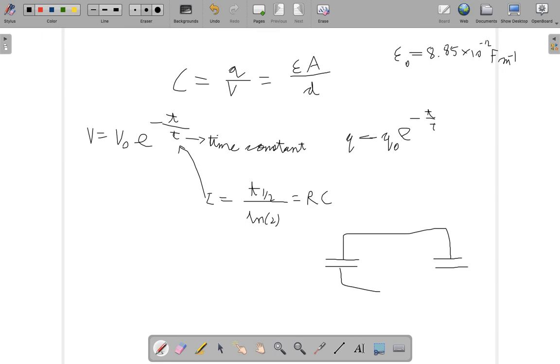All right, they're joined in a circuit, and both of them have a different amount of charge and voltage. Let's say it has charge Q1 and a voltage of V1. This has a charge of Q2 and a voltage of V2. Whenever you get such a case, you should know that these charges are going to distribute in such a way that the voltage of our first capacitor will equal the voltage of the second capacitor.